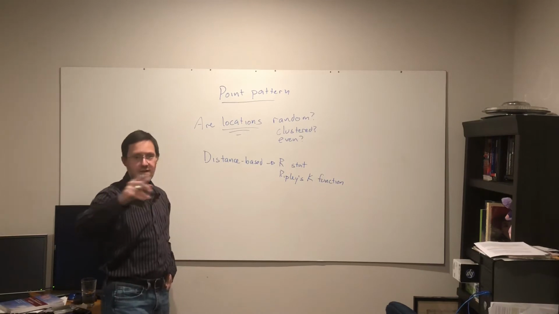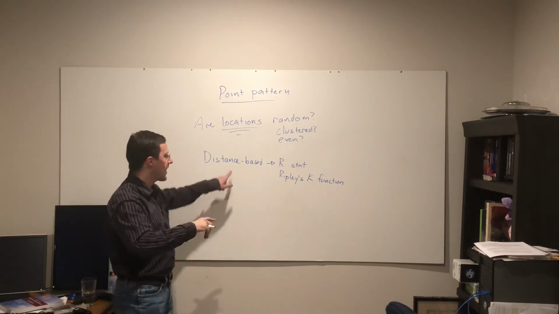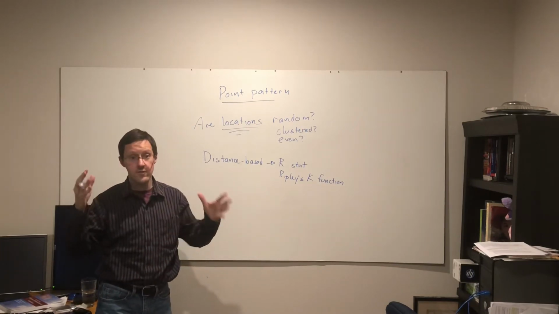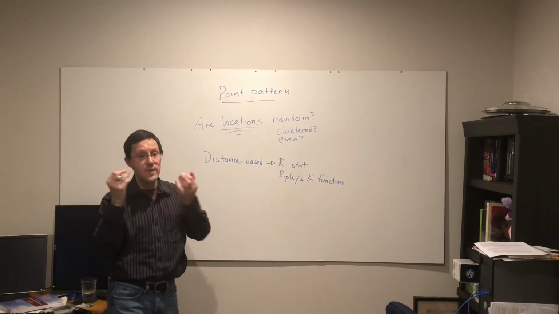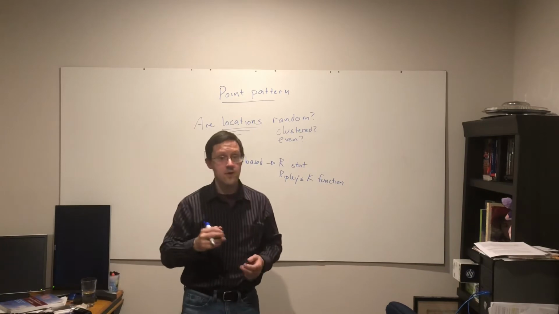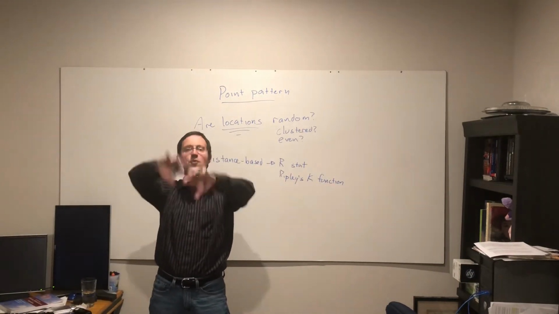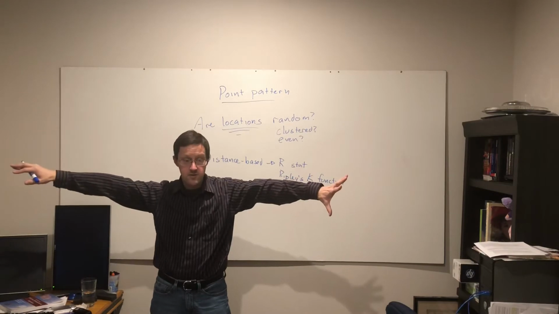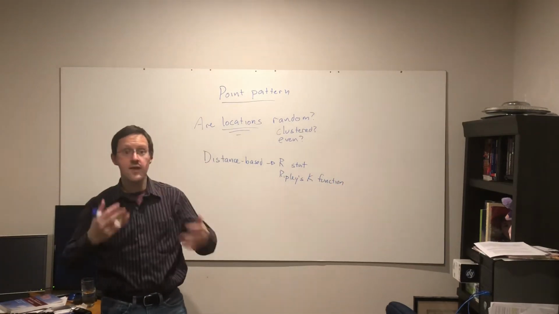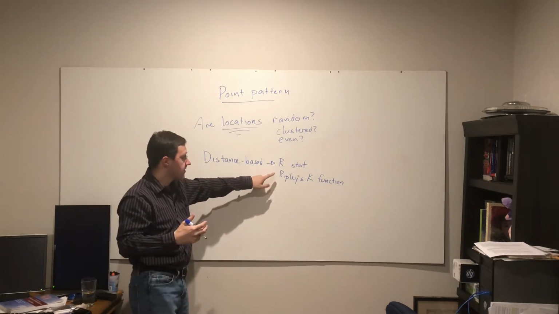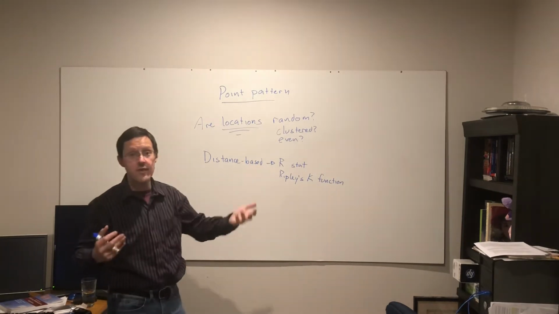If I break the second of those rules, I can use a distance-based approach. They're going to be closer together if there is some kind of attractive process making them not independent of each other. Or they'll be evenly spaced if there is some repulsive process pushing them away from each other. Either way, they are not independent. We saw the R statistic and Ripley's K function as examples of that.